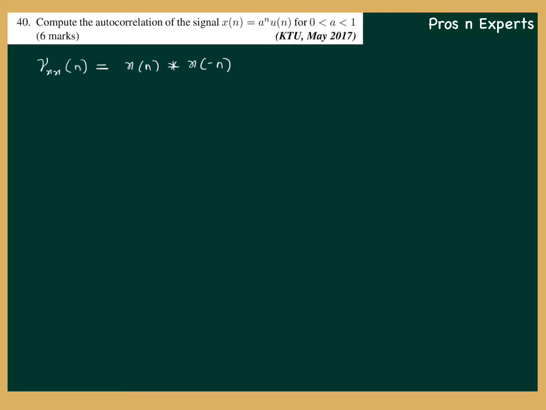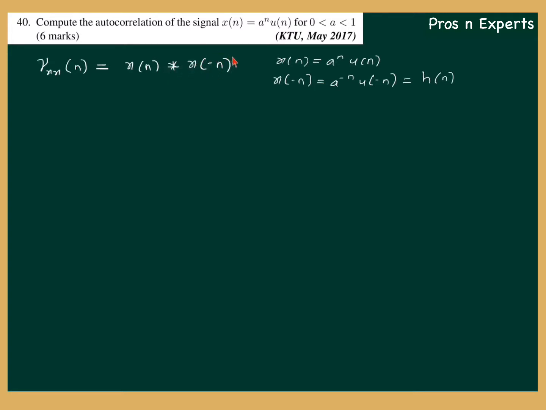We have x of n is equal to a raised to n u of n for a less than 1. So x of minus n is equal to a raised to minus n u of minus n. I will call it h of n in order to avoid confusion, because while convolving x of n with x of minus n, you have to find x of minus n, then flip it, then shift it.